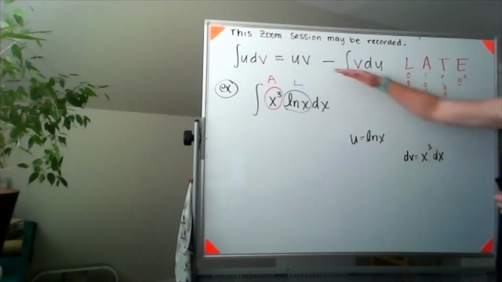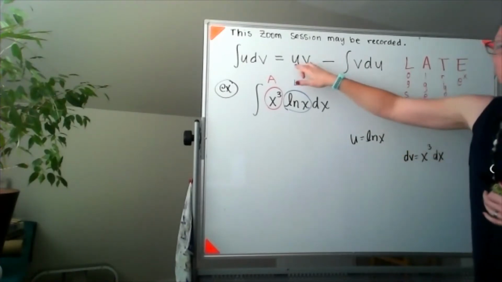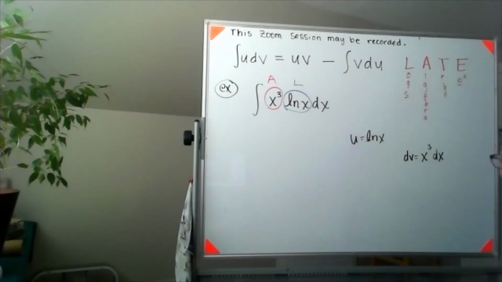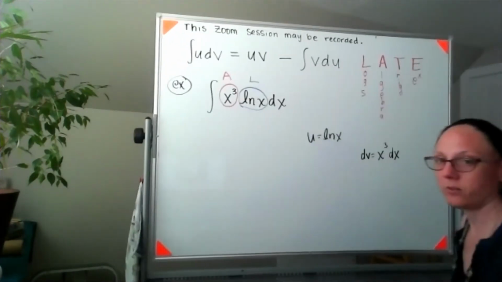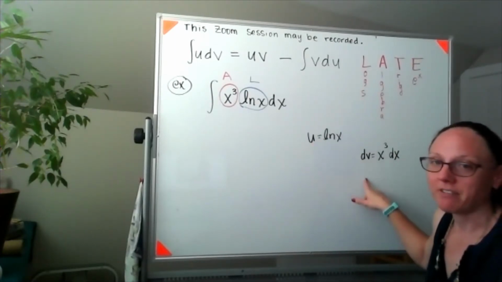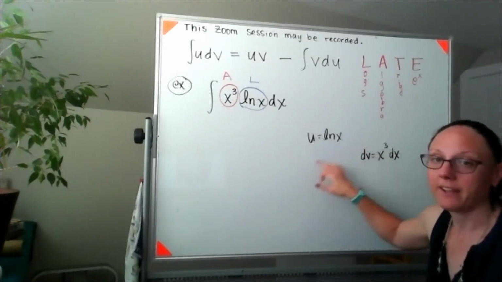In order to use this integration by parts formula, which I memorize as ultraviolet voodoo, I have a u and I have a dv, but now I need, for the formula, v and du.